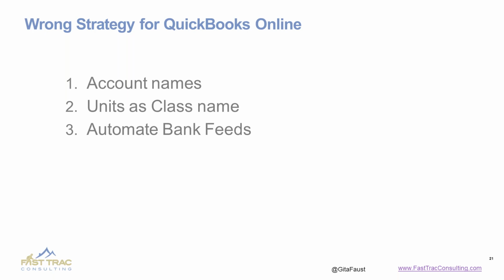So it's a good idea to manually data enter the receipt for the money spent for each property. Keep that in mind, because at the end of the year you're going to be spending way more time looking at those reports and finding all the information. As well, do it from the get-go.